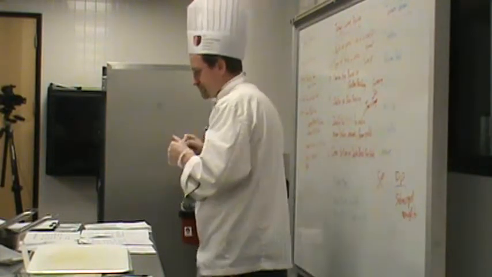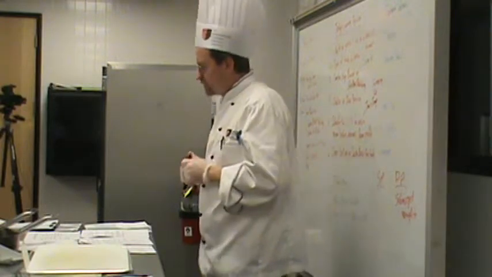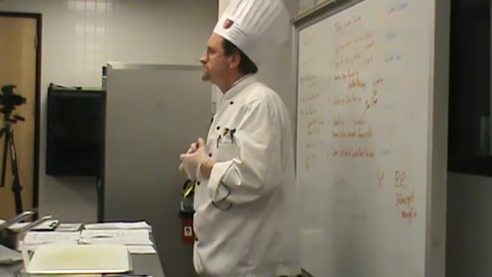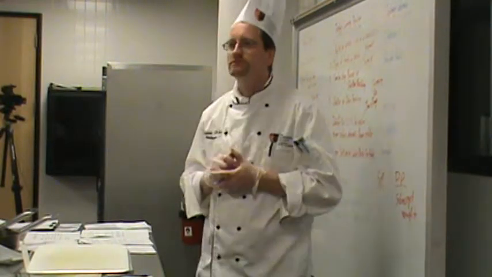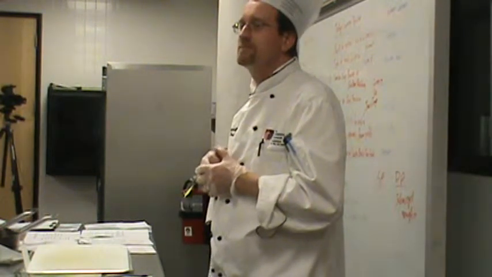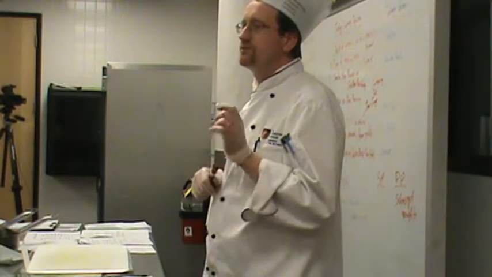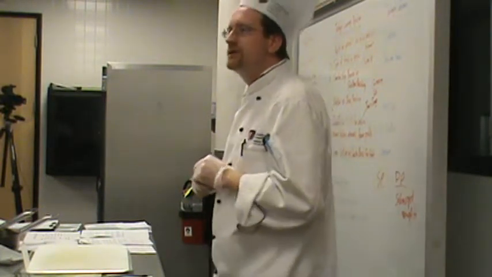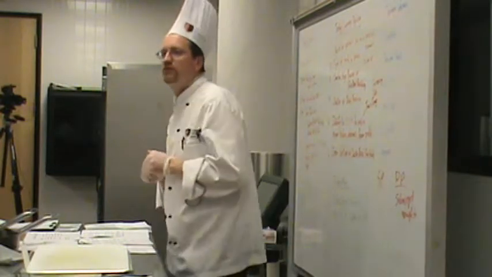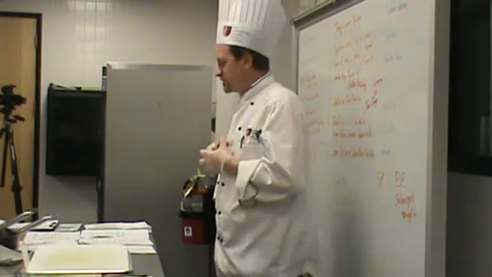What else is a difference between shallow versus deep poaching? You can use the liquid afterwards to make the sauce in shallow, but we're not supposed to in deep. Which technique uses the flavored liquid for the sauce preparation?